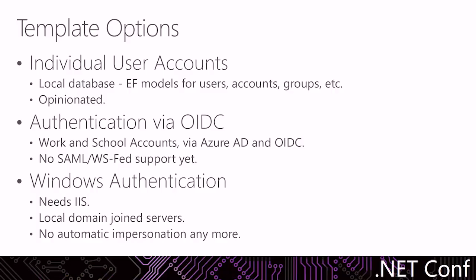So from template options, we have our individual user accounts. This has a local database. It uses EF for everything. It gives you models for your users, for your accounts, for groups, for roles. You can pick and choose what you want. You can edit the model so you can add more properties to your users. But we're quite opinionated about the security side of things. You don't get much choice in how we store passwords. You don't get much choice in how we encrypt things or we don't encrypt things.